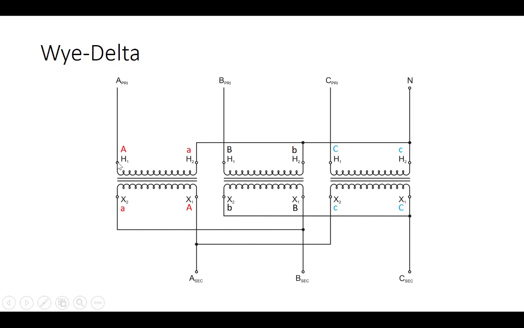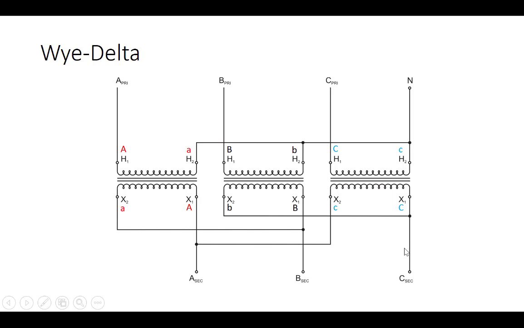Line A is connected to the start of A phase winding. Line B is connected to the start of the B transformer winding. Line C is connected to the start of the C transformer H winding. And then the end of those 3 windings are all connected together to the neutral of our supply. So we have a line connected to the start of each winding. The end of all 3 windings are connected together to form a Y primary.